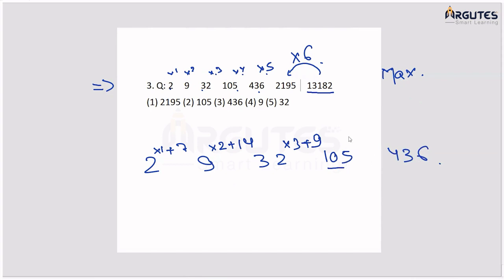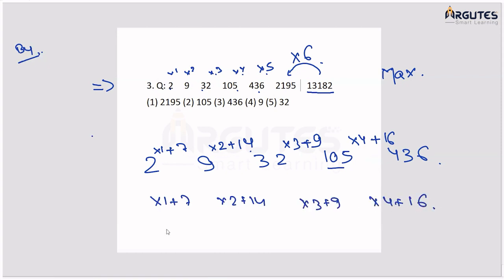So 105 into 4, that is 420, and plus 16. Now here, into 1, 2, 3 the rule gets confirmed, but here we have written 4 results, and now we are unable to get the logic. Here it is written into 1 plus 7, into 2 plus 14, then into 3 plus 9, and into 4 plus 16. So what is the logic here?